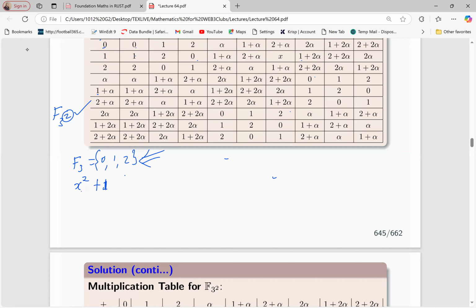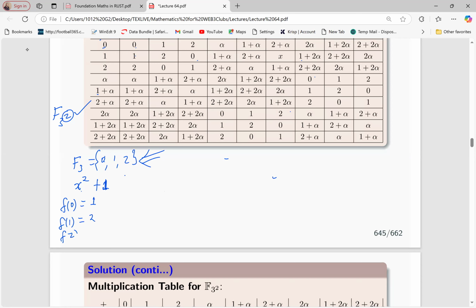Let me add 1 to it. We can just add 1 and see. We can even add 2, there's no problem. Let's add 1. I'm trying f of 0. F of 0 will be 1. What about f of 1? 2.